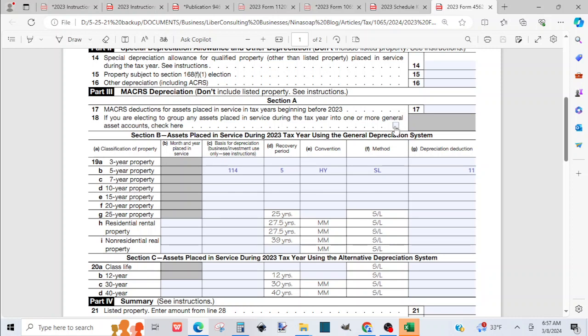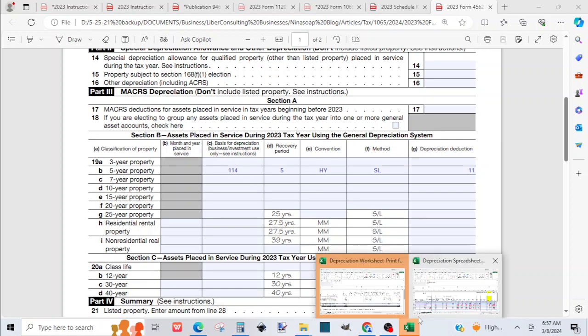If you are now going to aggregate, if you are now going to combine them, group them, you do not check that box. If you want to group them, since we all are 5-year property, if you click that, you can just put the total for all those assets that have the same recovery period, the same convention, and the same depreciation method. You can group them, and since ours has all 3, we could technically group them and put the total by total.